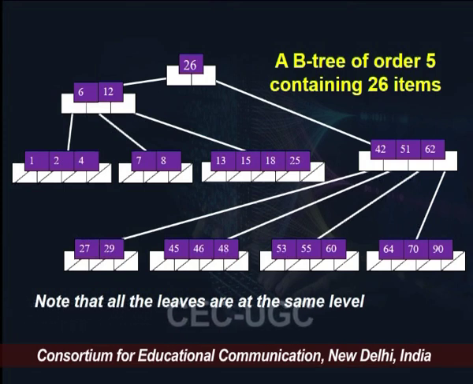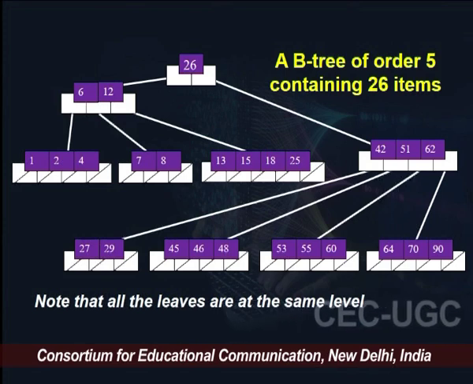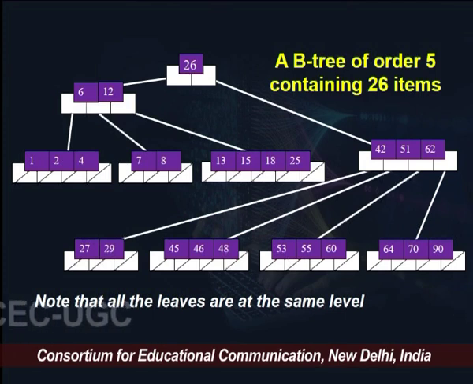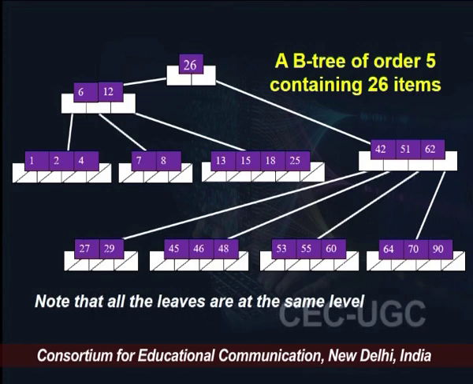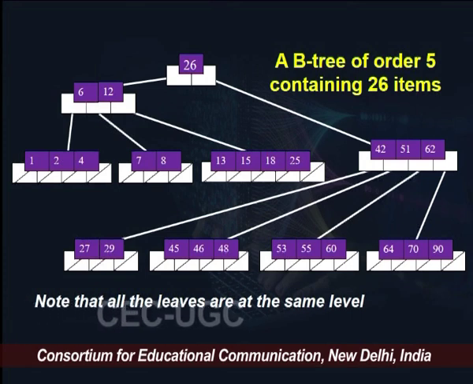Now, these leaf nodes can be identified by the slanting lines just below the numbers written. If you can see, all the leaf nodes are at the same level. Because of constraints of the screen or space, I have made it like that, and that is why we have categorically marked these leaf nodes.